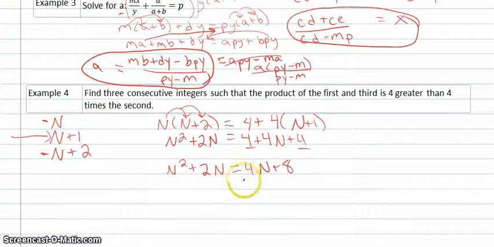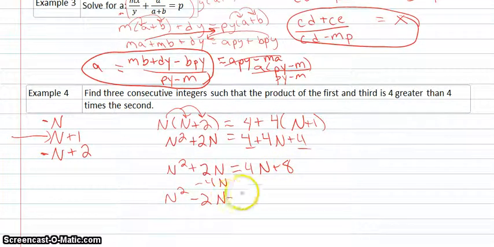So I'll subtract my 4n from the 2n, so I'll have n squared minus 2n. I'm going to subtract my 8 to move it on the other side, so it'll be equal to 0. And now we need to solve this by factoring.